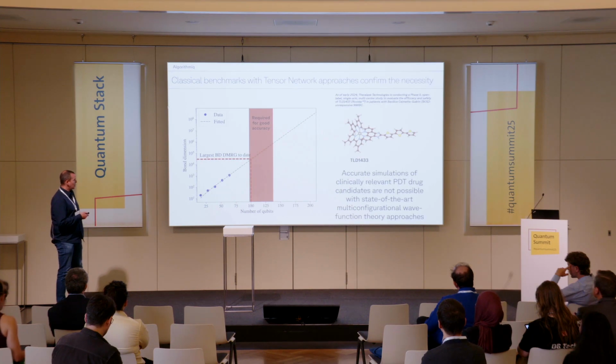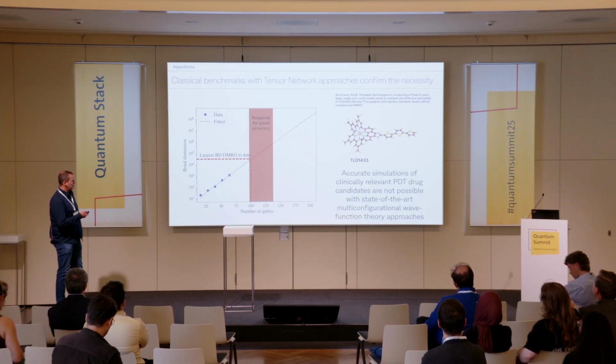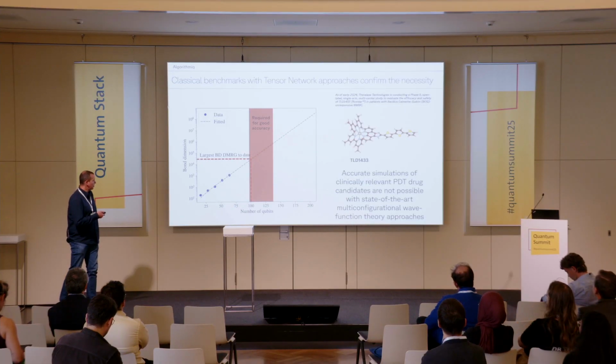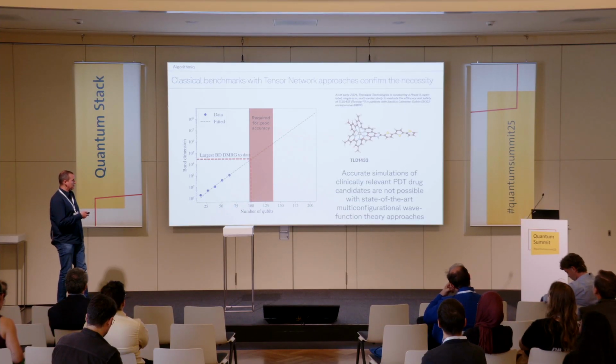The answer is, in our use case with Cleveland Clinic, we look into a photosensitizer with the acronym TLD 1433, which has a ruthenium atom sitting here, and then some sulfur atoms here. Basically, think of a large molecule that can absorb light and transfer the extra energy to the surrounding oxygen.